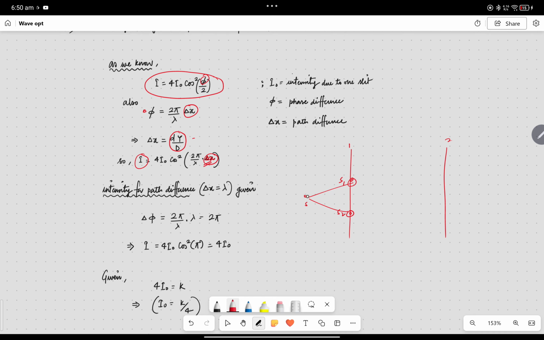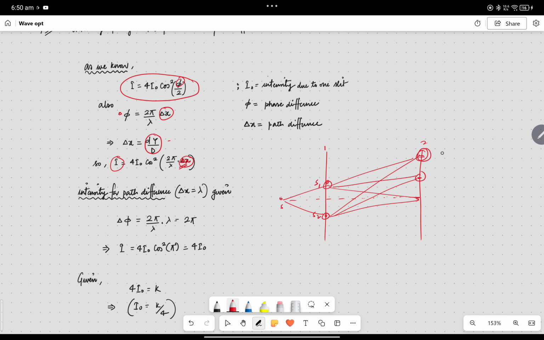The light coming from one source acts as two sources, because light comes out from the two cuts. This is the place where we get the central maxima, and there are many positions where we get other maximas. For every maxima I have a value of intensity, generally written as I = 4 I naught cos square phi by 2. In general, the intensity is written like this for every bright fringe.